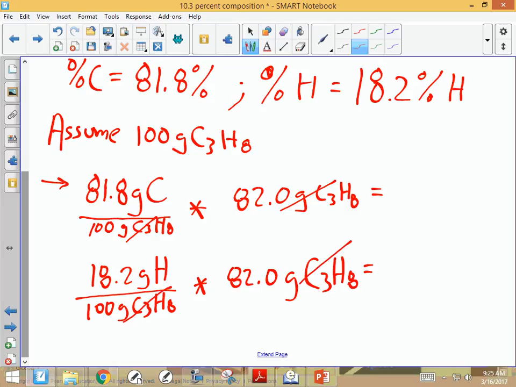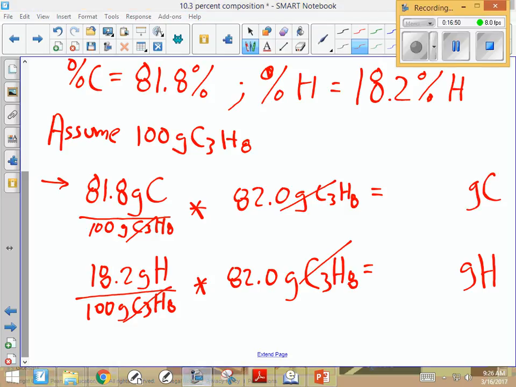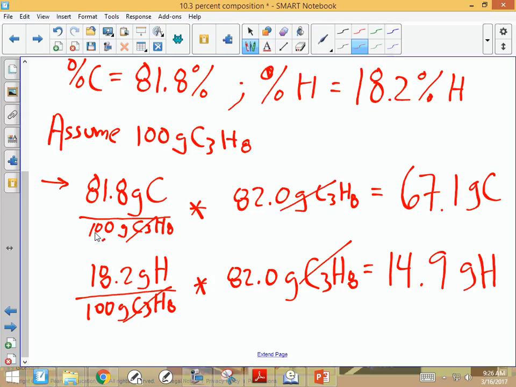Grams will cancel, and I'll be left with grams of hydrogen when I do the math. So when you do the math for each of these, and don't forget to divide by 100, 81.8 grams of carbon divided by 100 grams times 82 grams of propane, and you get 67.1 grams of carbon.